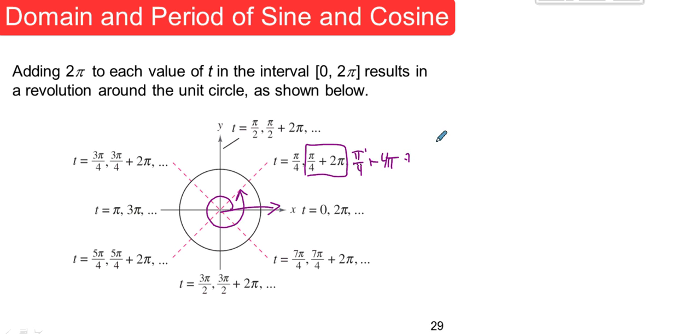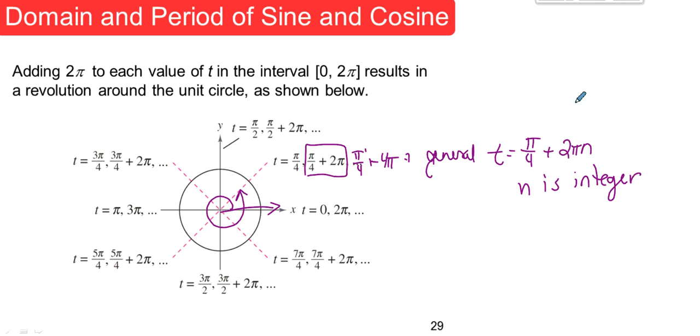So in general, we can say that t is pi over 4 plus 2 pi n. So 2 pi for every unit circle, and n is an integer, because remember, we can go in the negative direction as well. So if we go this way, it's like -2 pi plus pi over 4.